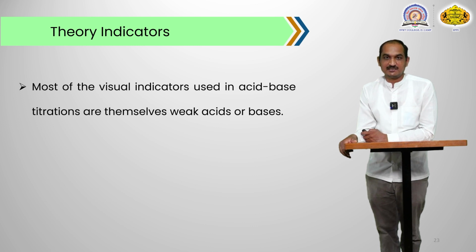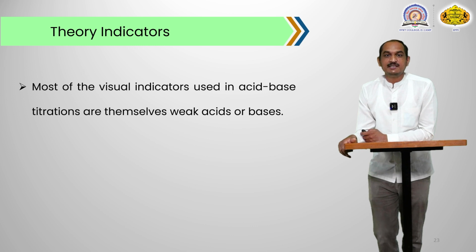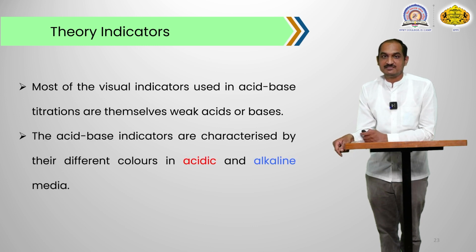What is meant by indicator? So we discuss some theory about the indicators. Most of the visual indicators used in acid-base titration are themselves weak acids or bases.